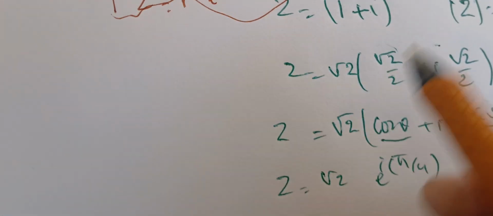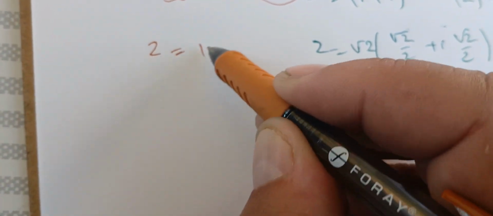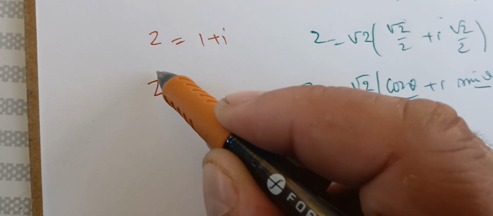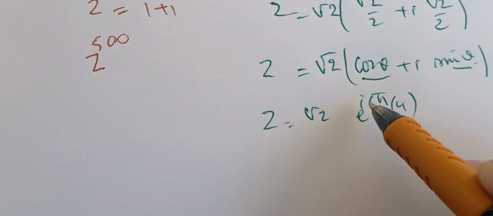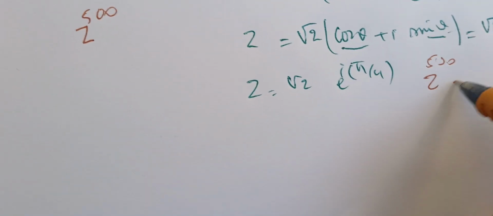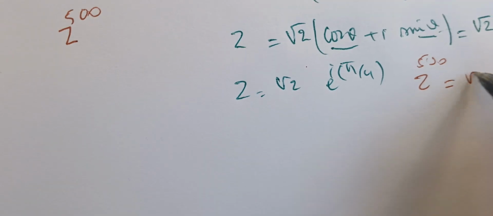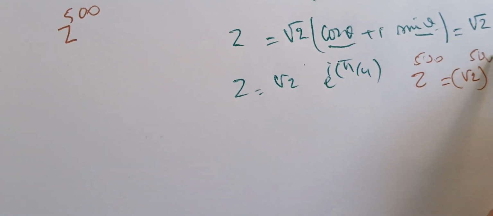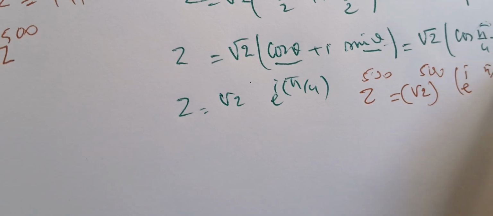Now, my aim is to compute z to the 500. We said that z is 1 plus i. We want to compute z to the power 500. What we can do now is use de Moivre's formula. So z to the power 500, what's the modulus? It's square root of 2 raised to the 500 and e to the i pi over 4 raised to 500.